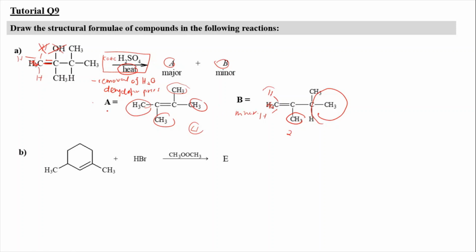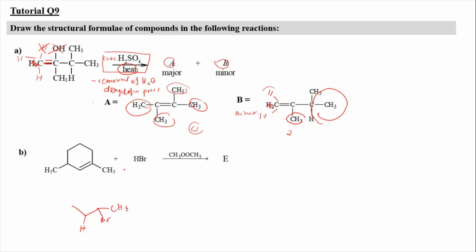Alright. Now for question B, when an alkene is reacted with HBr, the HBr is going to be attached into the system here. So from a carbon-carbon double bond, what really happens here is that a carbon-carbon single bond is produced. Okay.